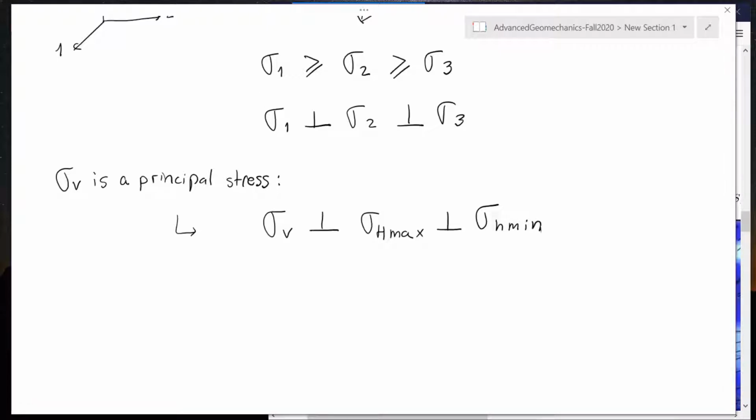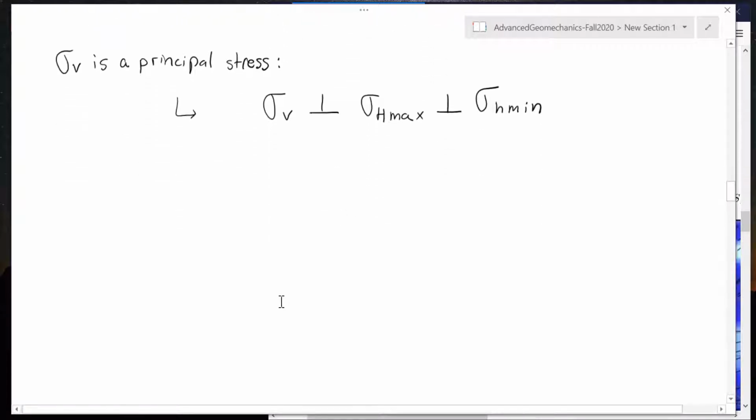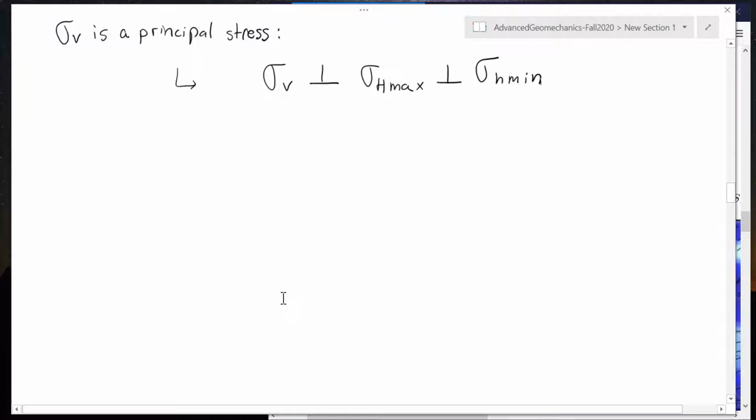let's see how then we will write such a stress tensor. In this case, now that we have sigma v as a principal stress, then we say the horizontal stresses are going to be principal stresses. And let me move over here to this screen. We're going to start talking about three different cases, and we're going to see the explanation for that.